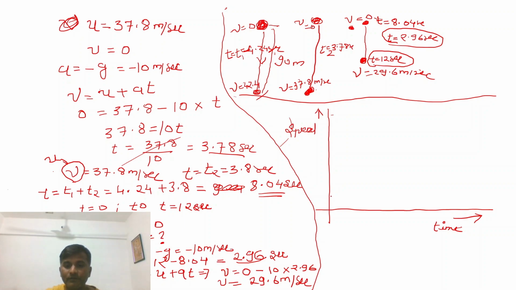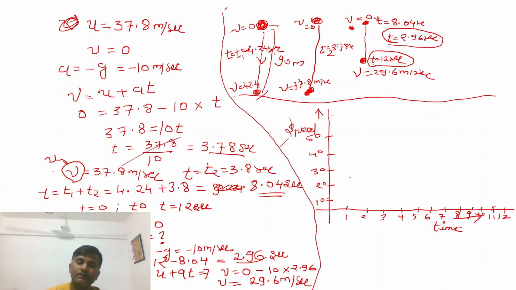Let it be 10, 20, 30, 40, 50. And let this be 1, 2, 3, 4, 5, 6, 7, 8, 9, 10, 11, and 12. Till 12 seconds you want.